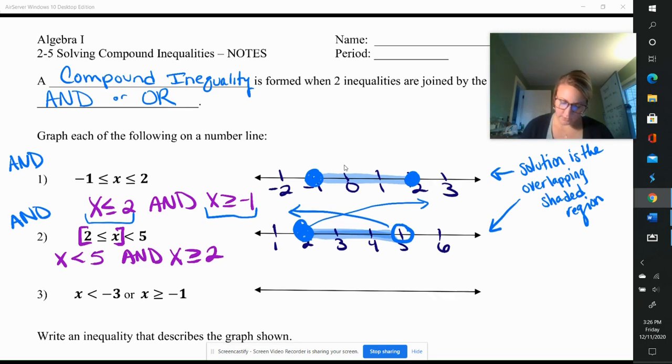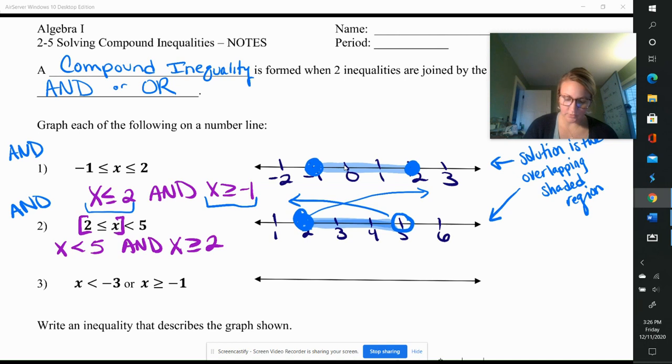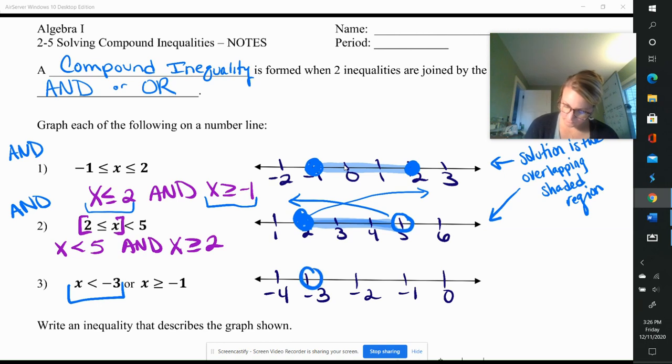For or inequalities, we graph these separately on the number line. So if we first start with x needs to be less than -3, or x can be greater than or equal to -1.